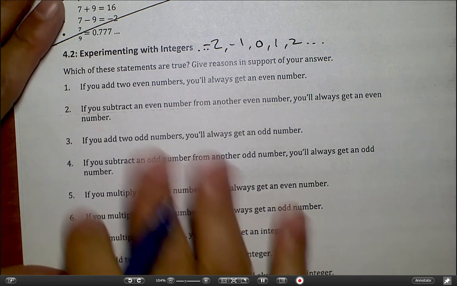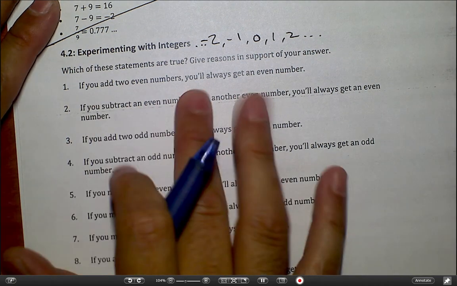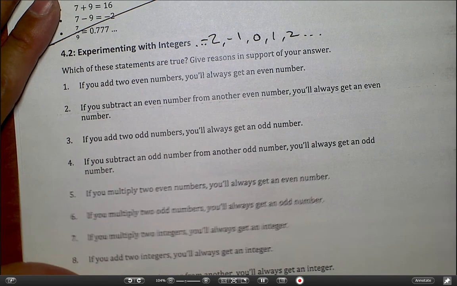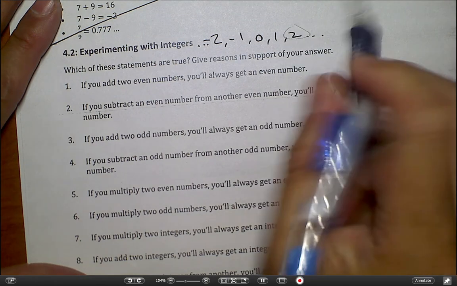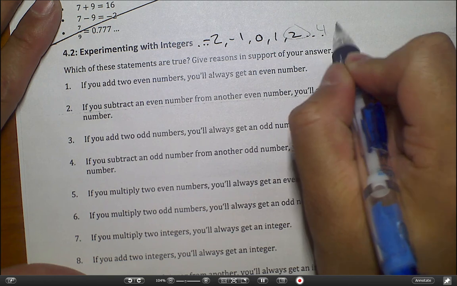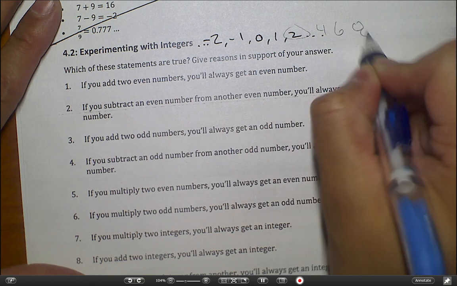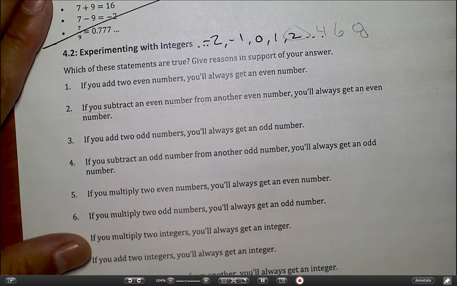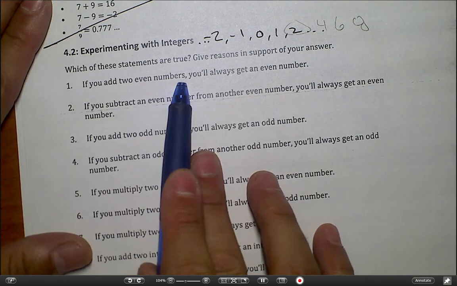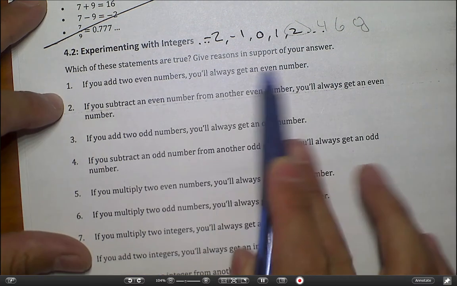All right. So now, let's see. Even numbers. What are even numbers first? 2, 4, 6, right? So it'd be 2, 4, 6, 8, right? Okay, good. Those are even numbers. So if you add two even numbers, you'll always get an even number.